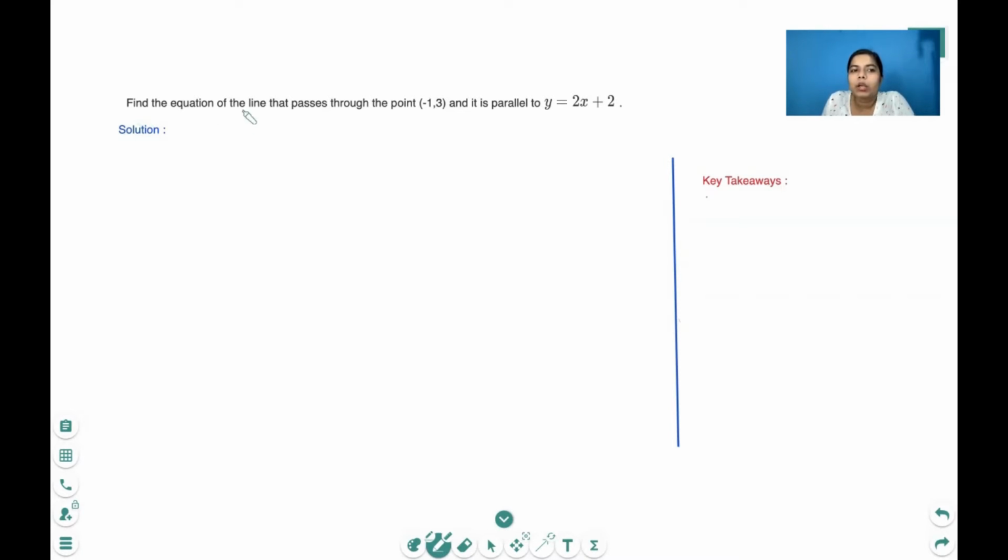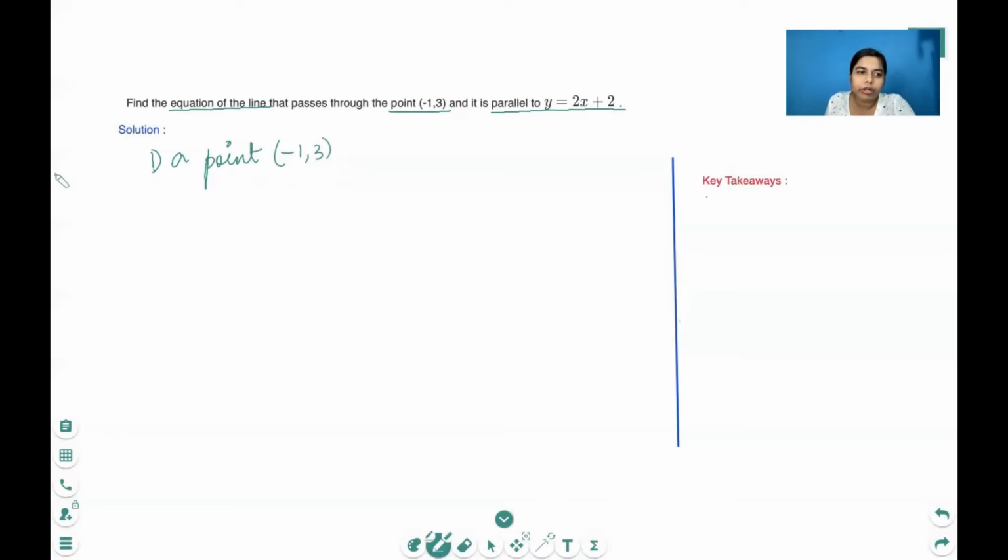Find the equation of the line that passes through the point (-1, 3), and it is parallel to y equals 2x plus 2. So quickly, let's write down the given information. The first information is we have a point that lies on this line, that is (-1, 3).